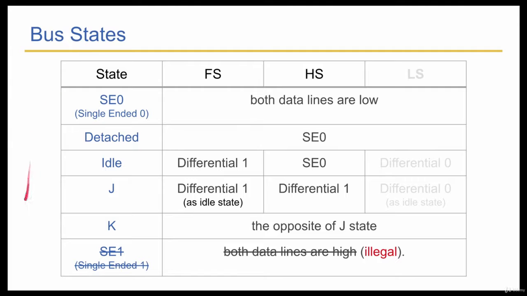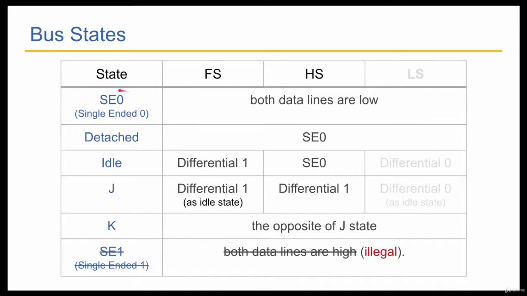So what are these bus states? They are simply signals or states we can apply on the bus. And please notice this table has no order. I just tried to order the signals in a way that you can understand them simply. The first signal is SE0, or single-ended 0.